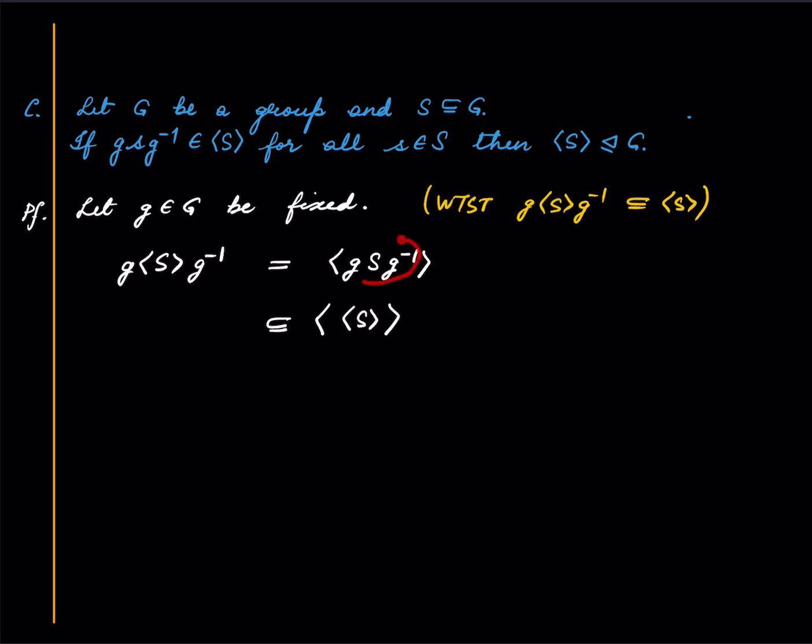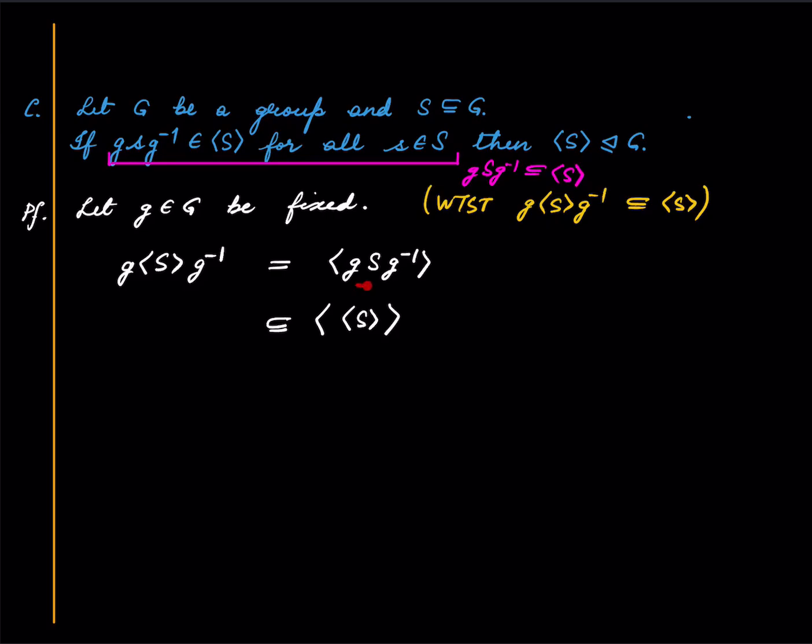The reason is this thing is contained in the subgroup generated by S because of this condition. So this condition is saying, I should have written it that way perhaps, that this thing is contained in the subgroup generated by S. That's exactly what that is saying.